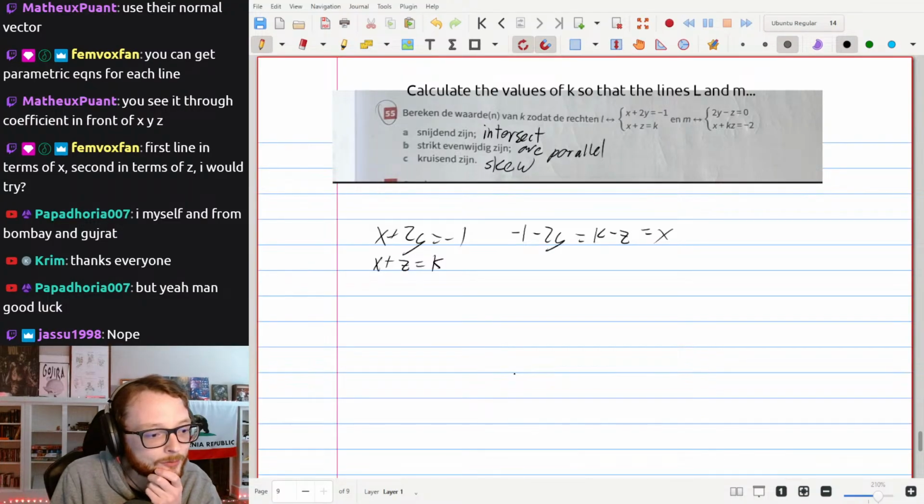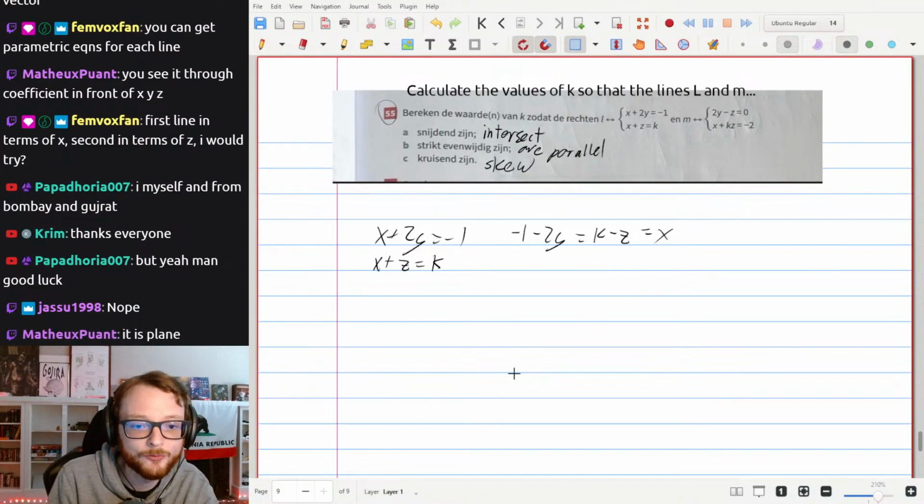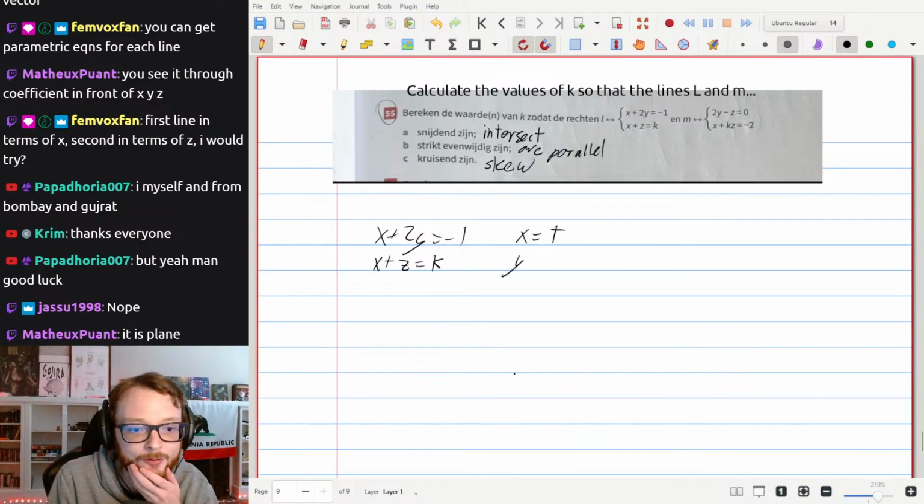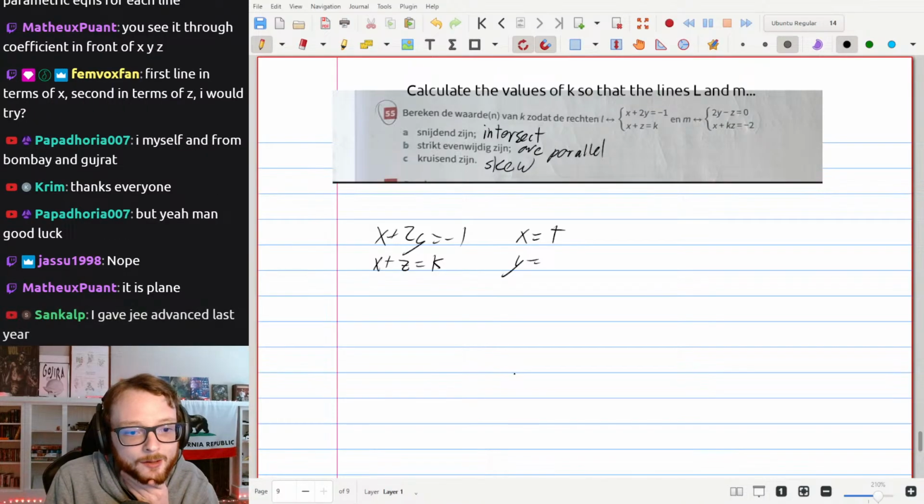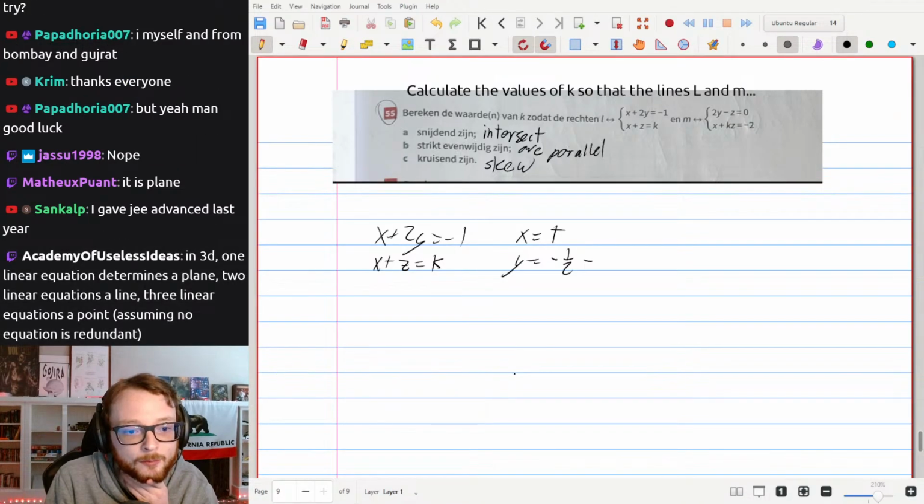First line in terms of x, second in terms of z. If I just let x equal t, I think I want to see this parametrically. x equals t, y is minus a half minus a half t, z is k minus t.